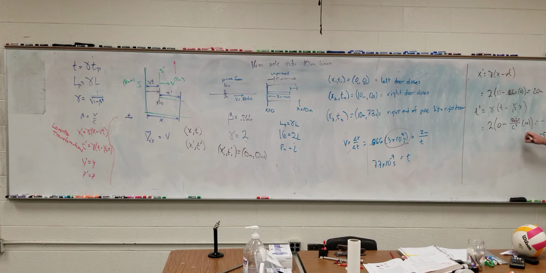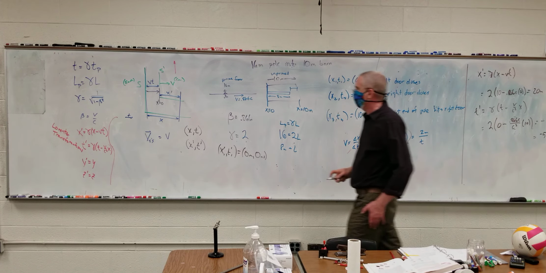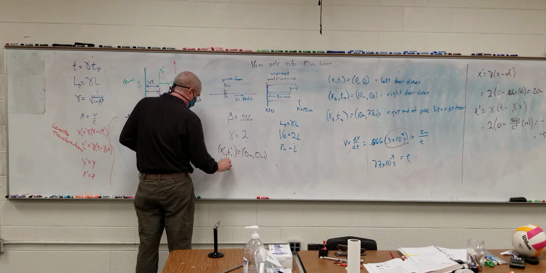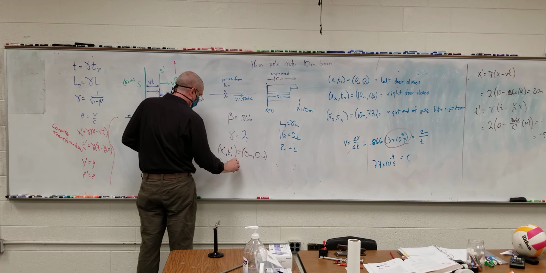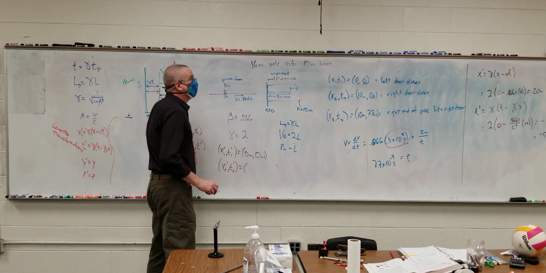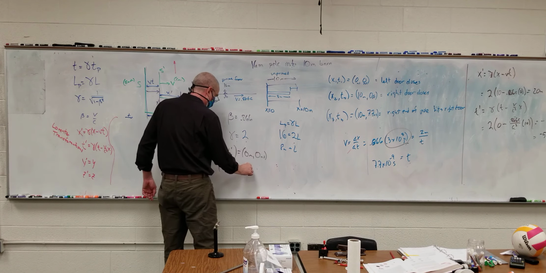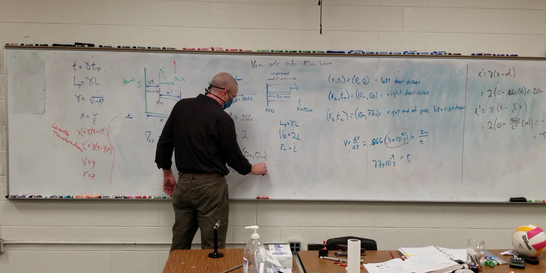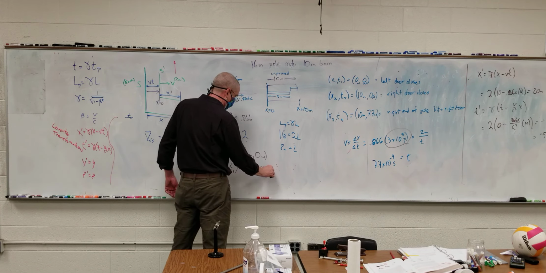It is negative. X2 prime, T2 prime is 20 meters, negative 57.7 nanoseconds.